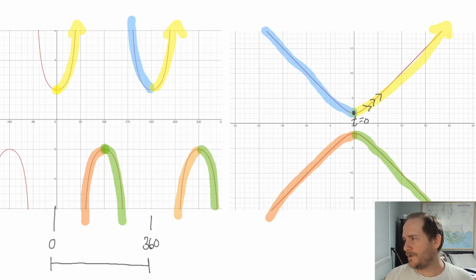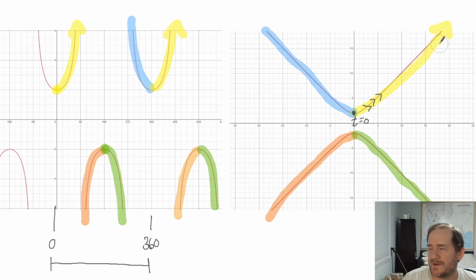But it's important to understand that yes, we start here at this vertex, and then we trace the yellow, then we come up the orange, down the green, then down the blue. With all that in mind, if I actually told you to limit the t values here so that you only got this top half, how would you do it? Well, I think I just told you. Right here this is 90.